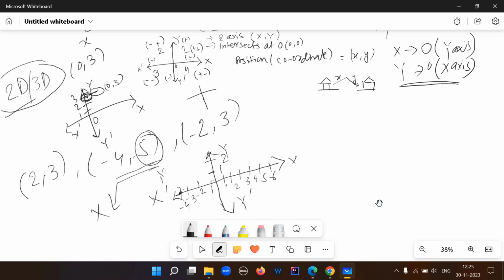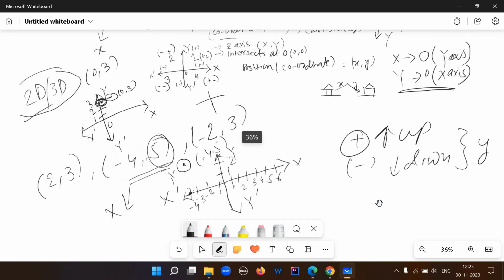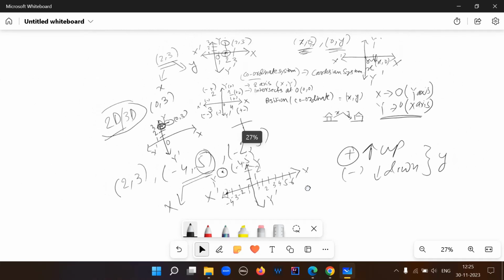So here it is the minus 4 point. And 5 is positive, so you will go up. Positive means go up, negative means down for the y-axis. So suppose it is here, 5. Minus 4 comma 5.